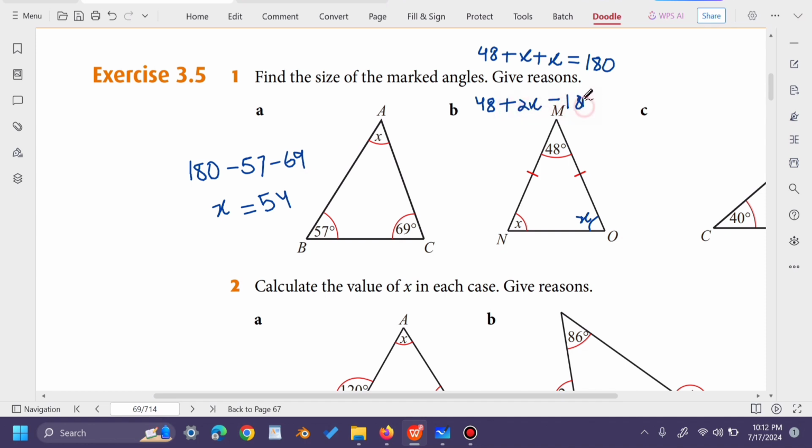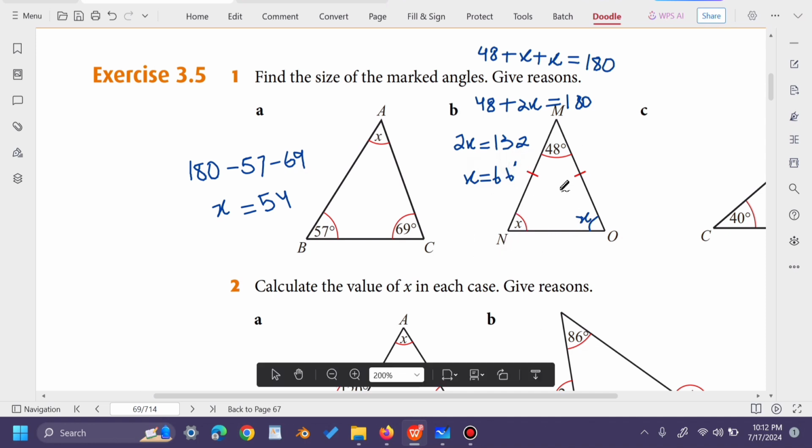And later on, 2x is equal to 180 minus 48, which is 132, and if you divide 132 by 2, you will get the answer of 66 degrees. And you can say what will be its reason. Its reason is going to be that it is a base angle of an isosceles triangle.